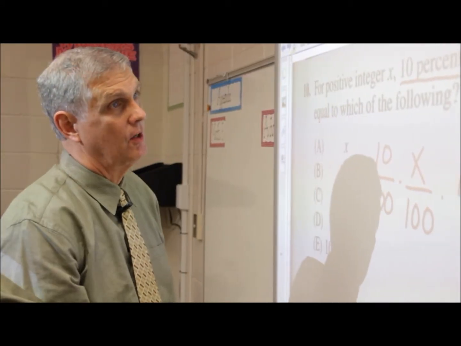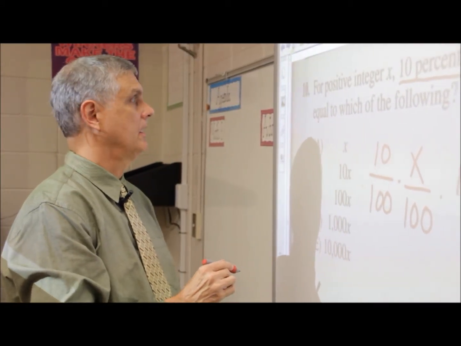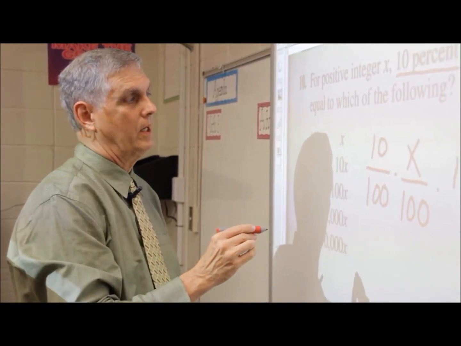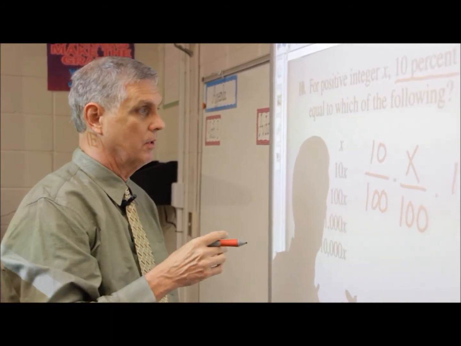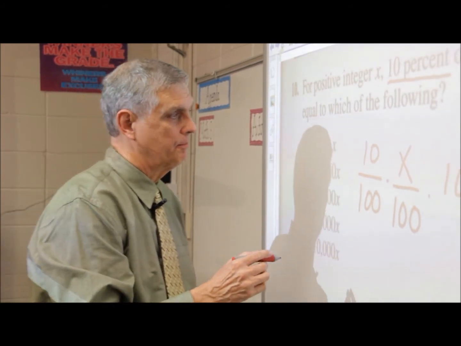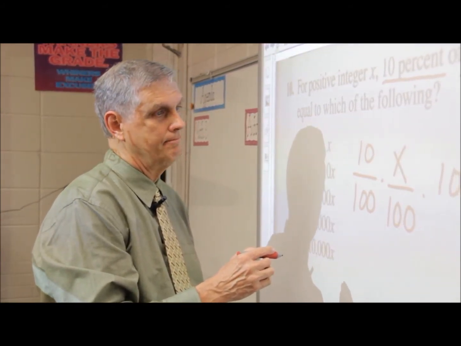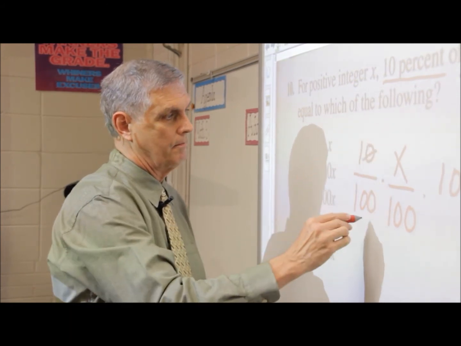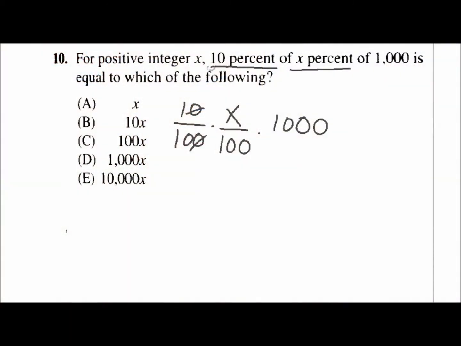Okay, so now all we have to do is find out what we end up with when we get rid of all these zeros and everything. Now, there's several ways I could simplify this. I could just mark a zero off here and a zero off there.